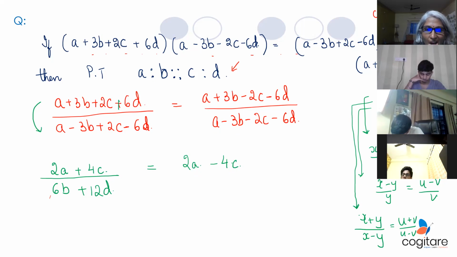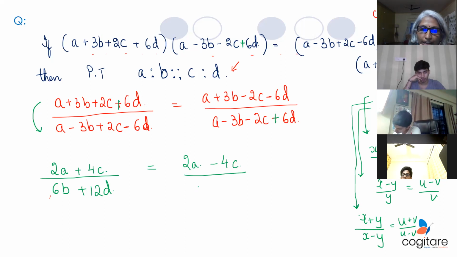Some sign is extra. Have I written it correctly? Something tells me I've made a mistake. Wait, one minute. Guys, this is plus 6c. I made a mistake in the question. So this is plus 6c, so they cancel each other out.